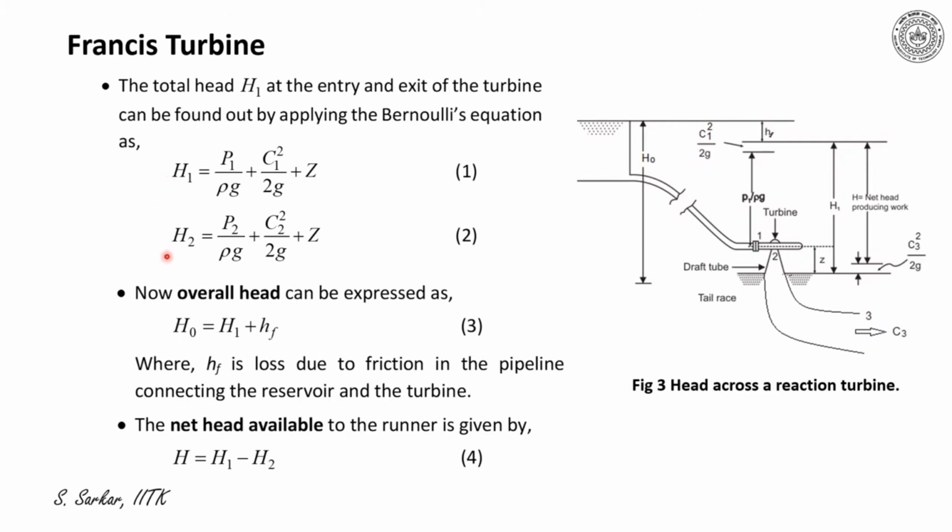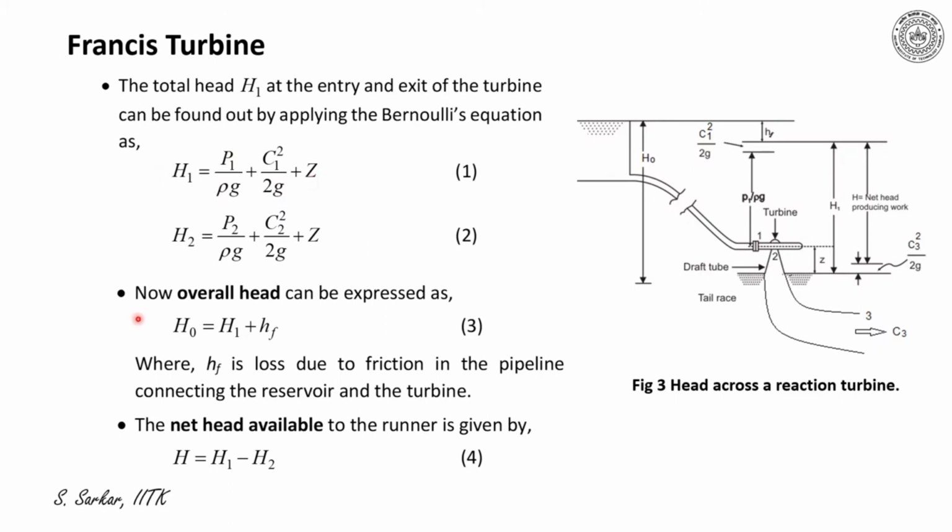And similarly, H2 is equal to P2 divided by rho g plus C2 squared by 2g plus z. That is, the total head is equal to the pressure head plus velocity head plus z height.